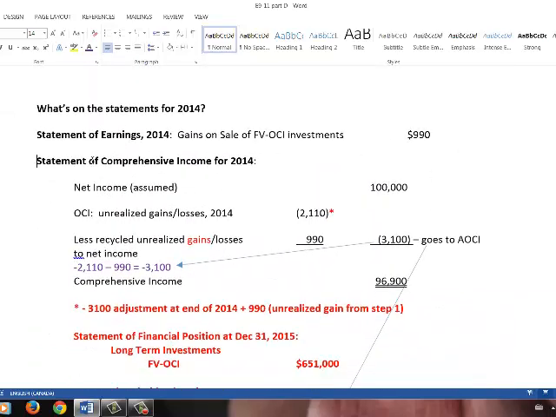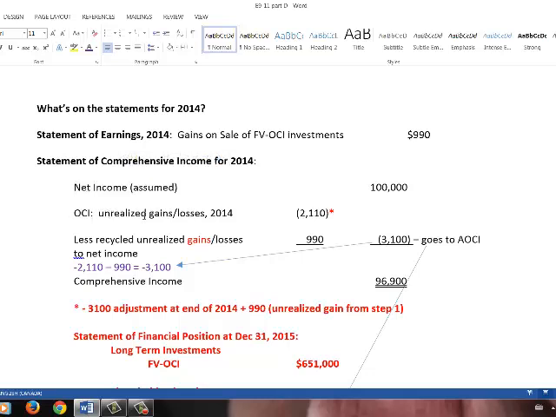Now what about the statement of comprehensive income, of which net income in the statement of earnings is a part? In order to show you the statement of comprehensive income for 2014, I divided it up into its component parts. You remember from a previous lesson that comprehensive income is equal to net income plus OCI.